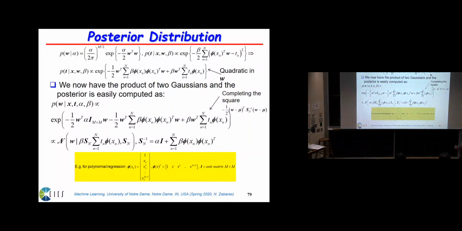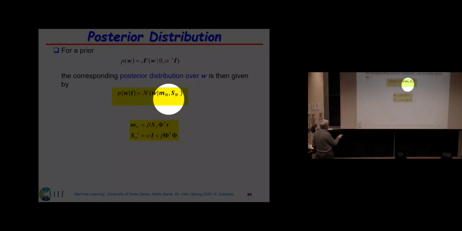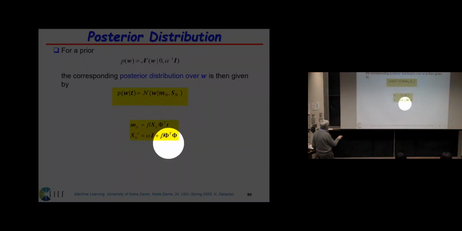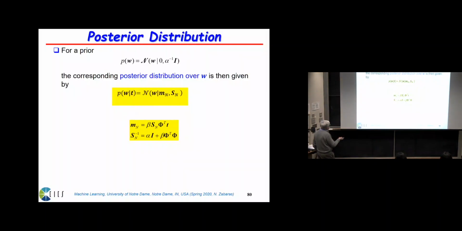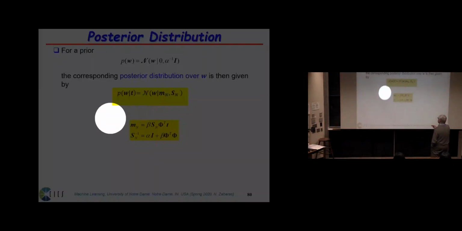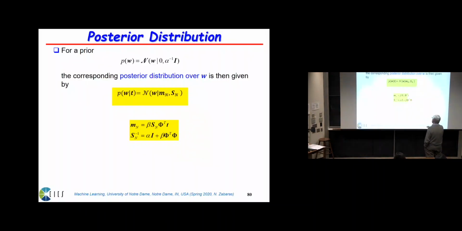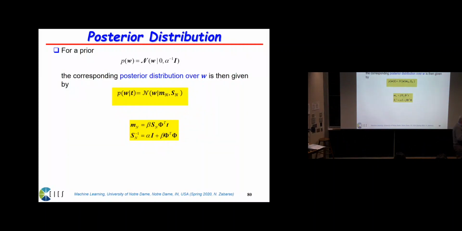So we have a wonderful form for the posterior of W, given by this covariance matrix, and here is the answer for the inverse covariance, and it's given by this mean. If you want to find the MAP estimate for a Gaussian, the MAP estimate is the same as the mean. So the MAP estimate is given by this nice, wonderful formula, and here I am writing it in a compact form. Instead of using the basis functions, I put directly the design matrix phi.